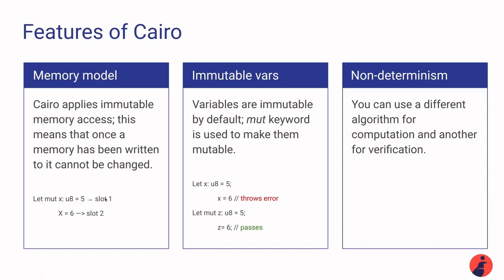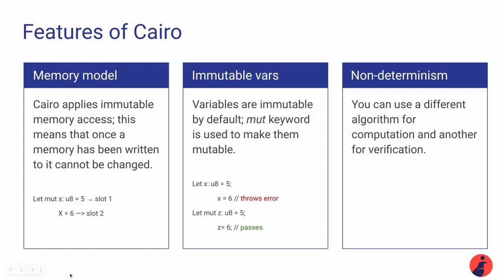So here you have slot 1 saved to 5, 6 is saved to slot 2. Later in the program, if x changes to another value, maybe 7 is saved to slot 3. Like that, 8 is slot 4. So it increases like that.